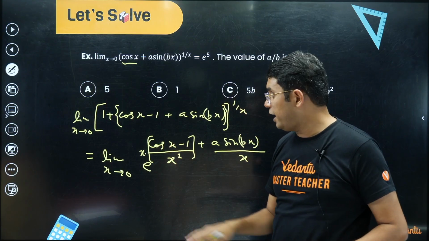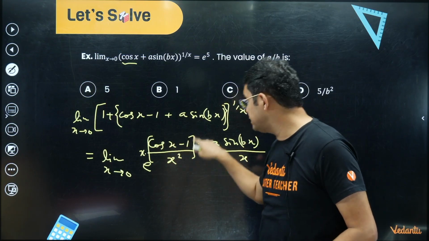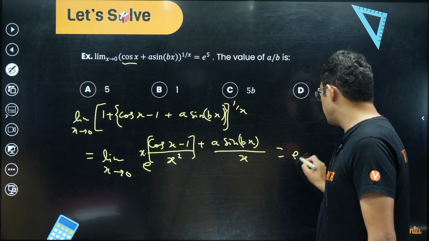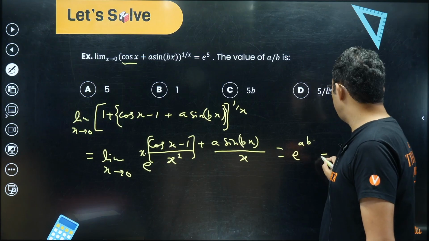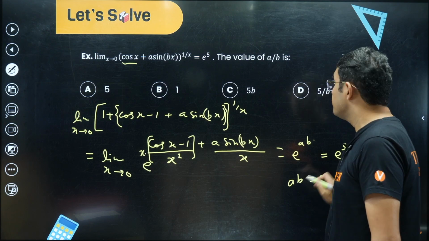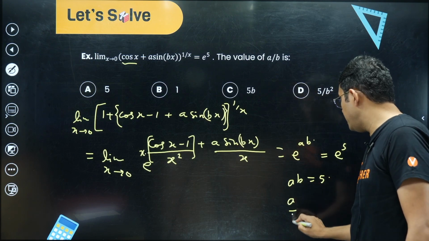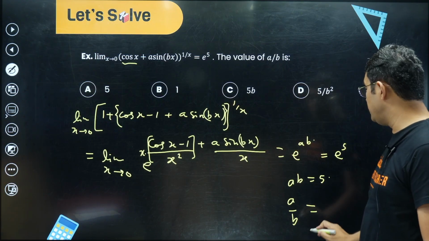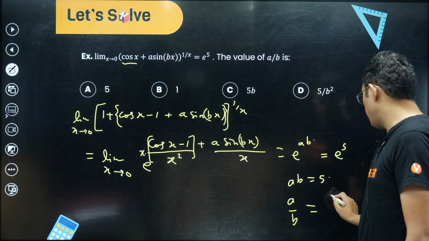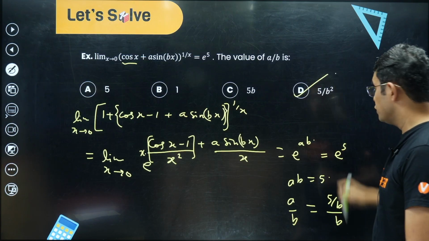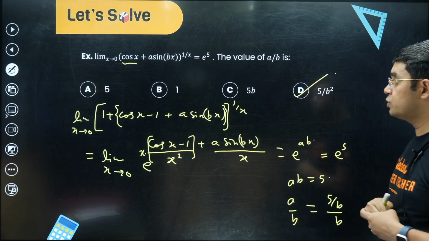This x multiplied, which is tending to 0, will make this 0, whereas this limit will be a into b only. So this becomes e power ab, and we are given this as e power 5. So a into b is coming out to be 5. They are asking a upon b, and options are in terms of b or absolute constant values. So a upon b, if I write, will become 5 upon b square. So the answer will be D for this question.